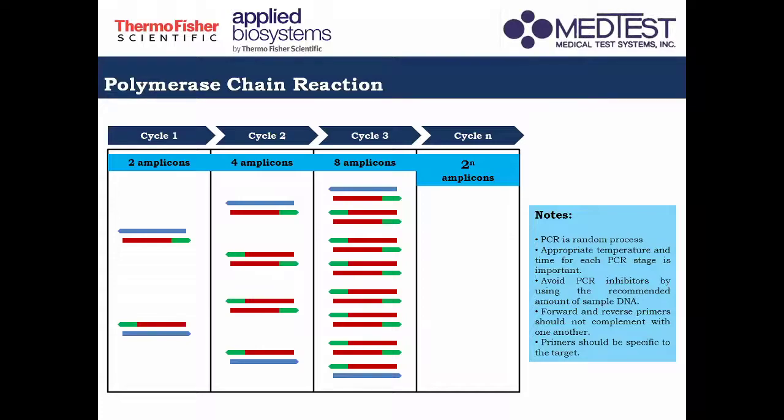So, aside from that, kanina for the sample preparation, di ba, one of the important things is that you have to have a pure RNA. This is because in the PCR step, there are chemicals called inhibitors which may affect the performance of the PCR. And when that happens, you won't be able to amplify large amounts of your viral DNA.